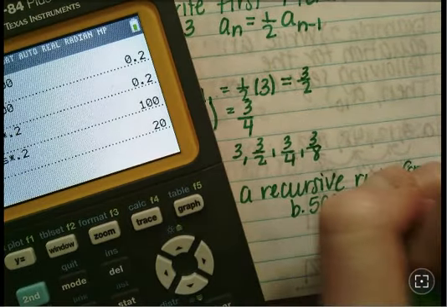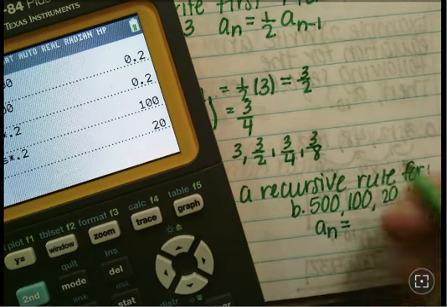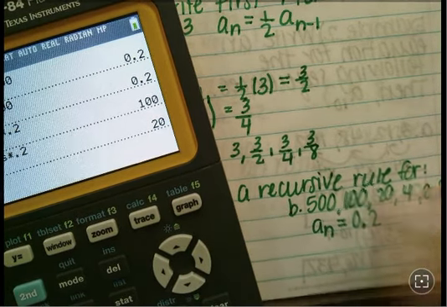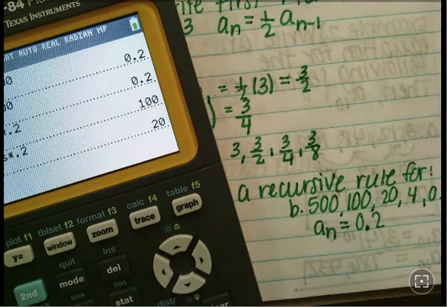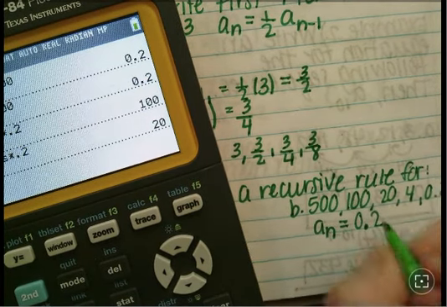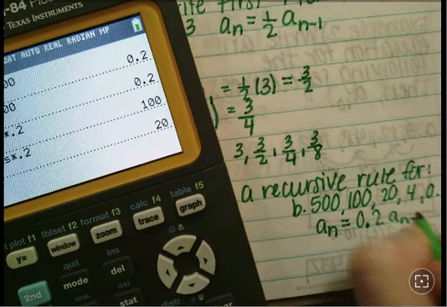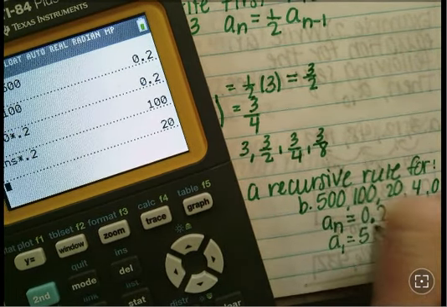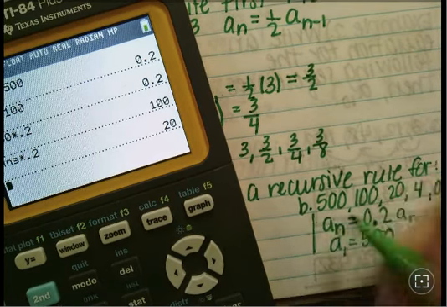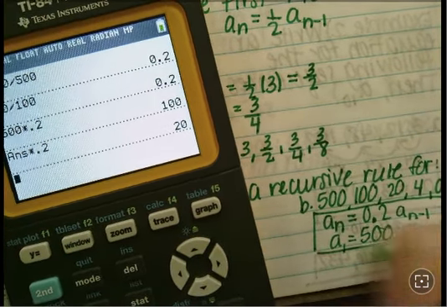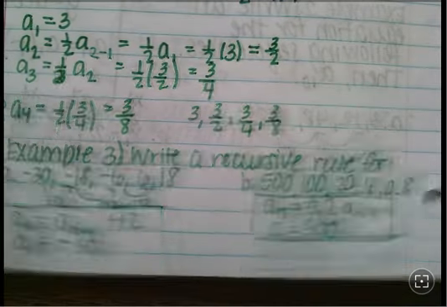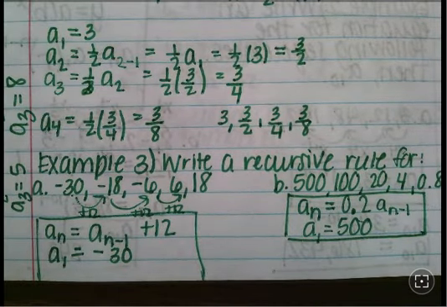And so this is geometric, so our recursive rule is a sub n equals the ratio, which we just decided was 0.2, or 1/5, if you prefer fractions, times the term before, which is a sub n minus 1. And then we define our first term as 500. Beautiful. Great. Moving on.